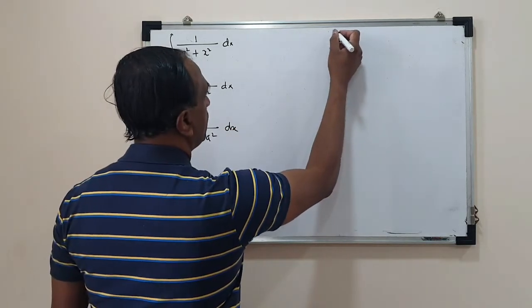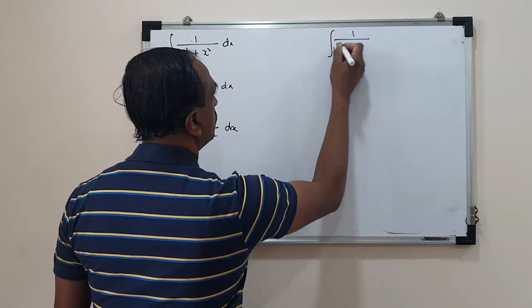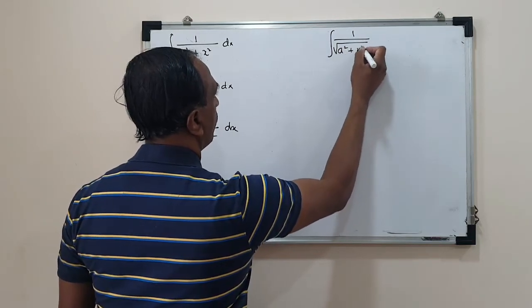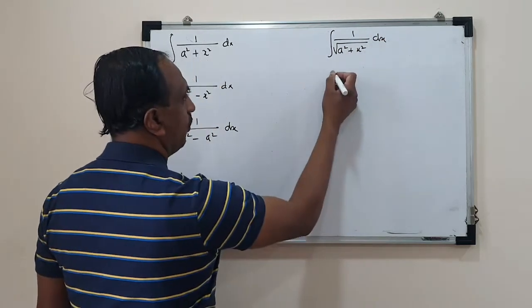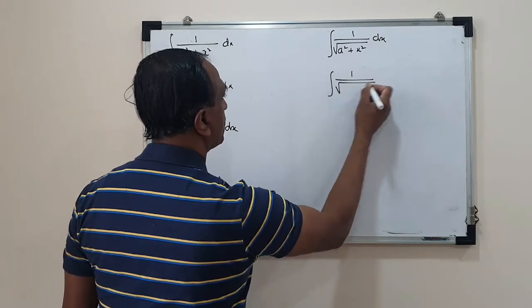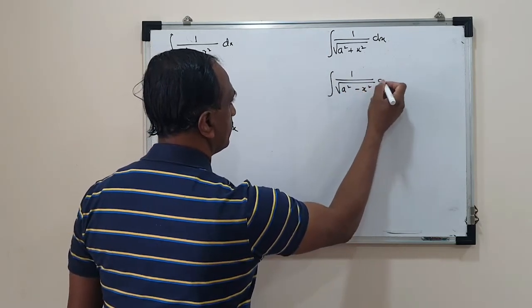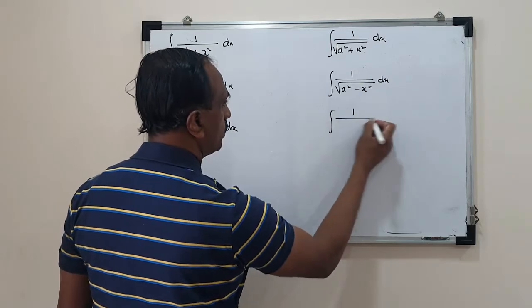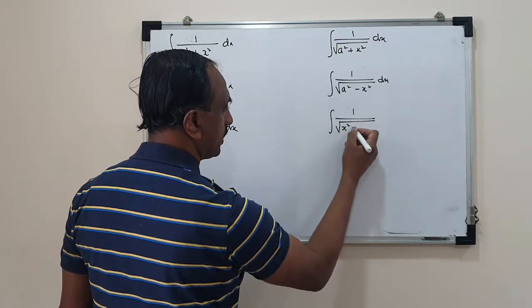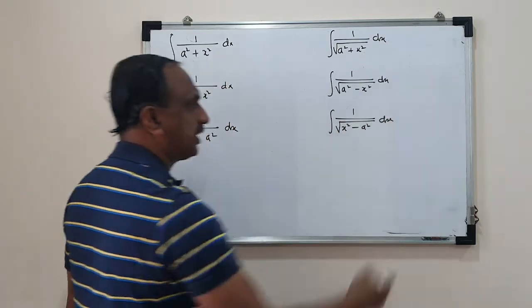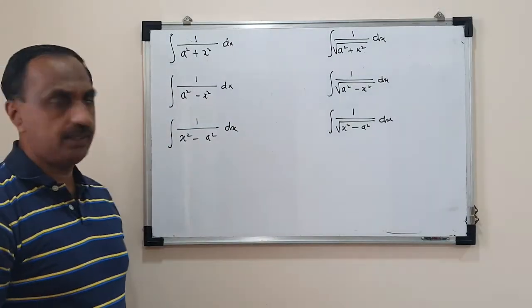Next 3 formulae were 1 over root a square plus x square, then 1 over root of a square minus x square, and 1 over root of x square minus a square. This is how I try to make you remember.